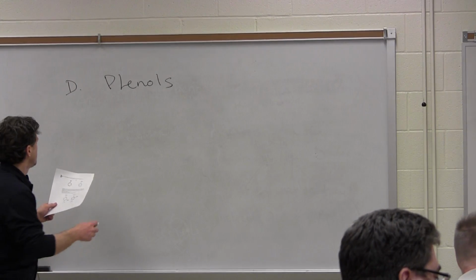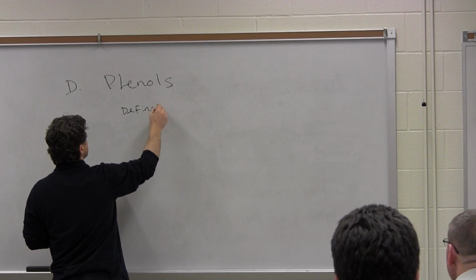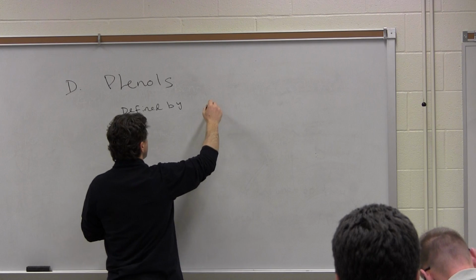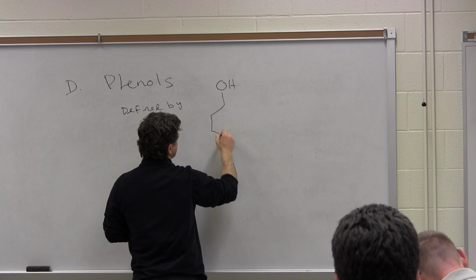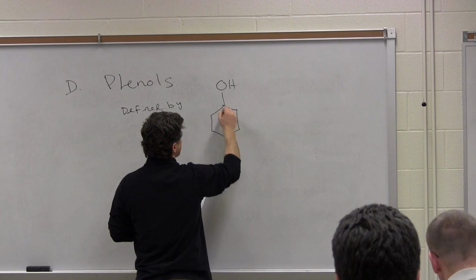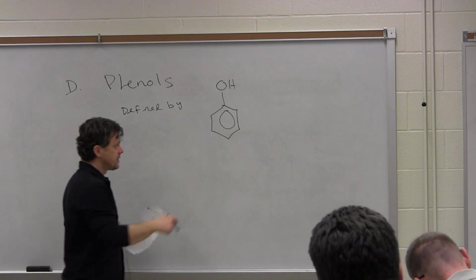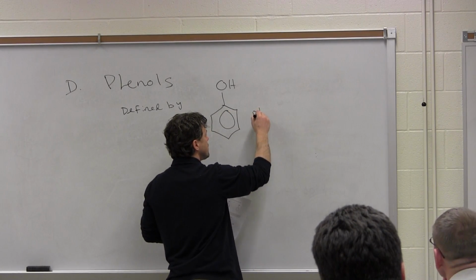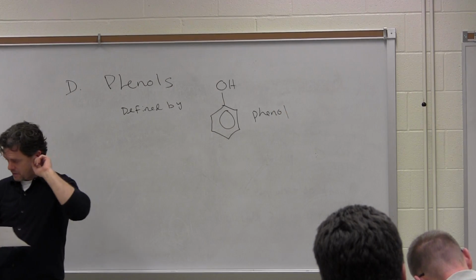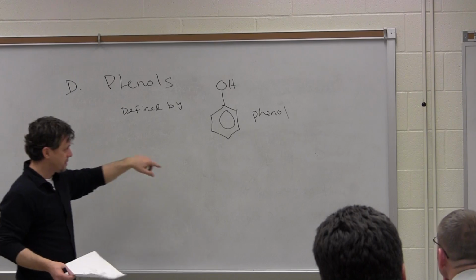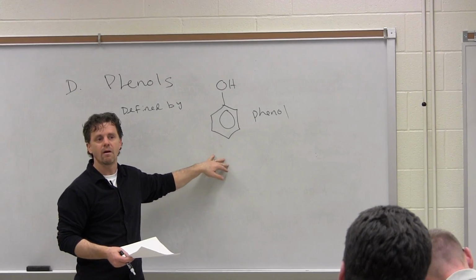So the phenols. The phenols are defined by an OH group attached to a phenyl ring. In fact, this molecule is called phenol. Now this molecule is not found in essential oils, but substituted versions of it are.